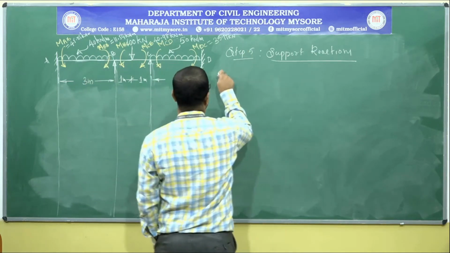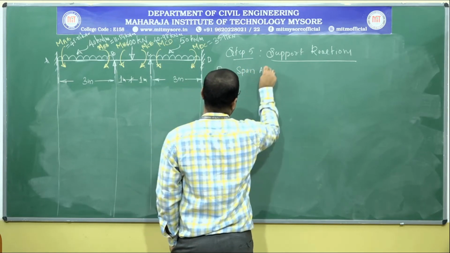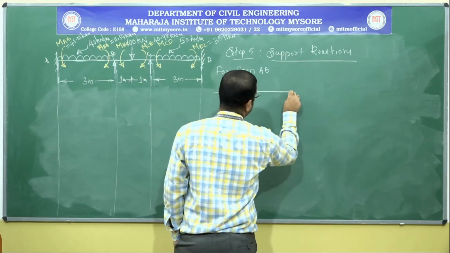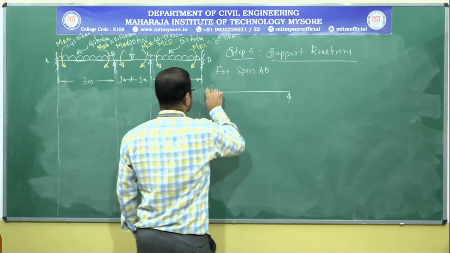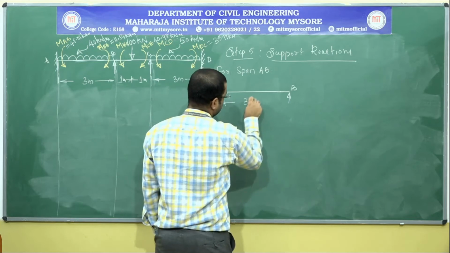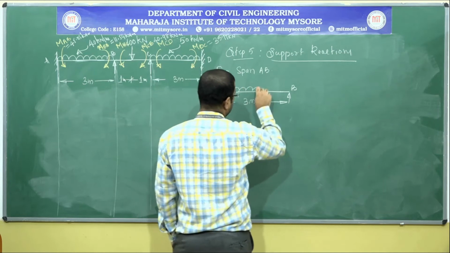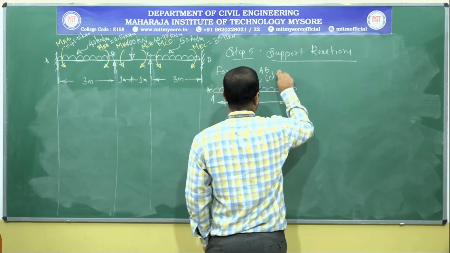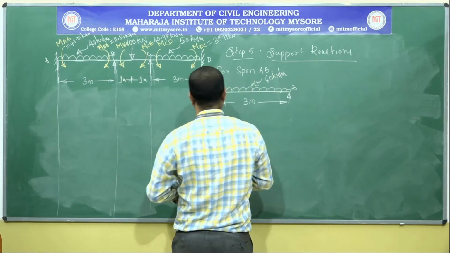Let me consider the span AB first. For span AB. Okay. So the span AB is a 3 meter span beam on which we have a UDL of magnitude 40 kilonewton per meter, and there are two end moments.